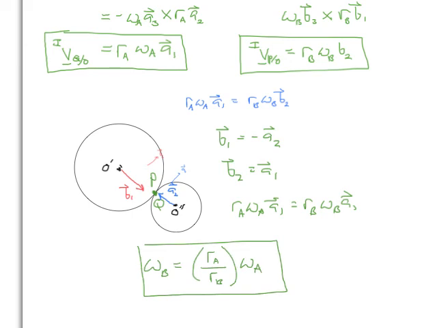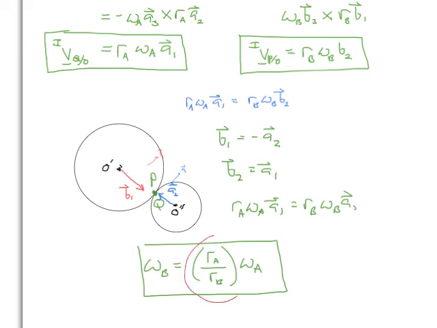Now, this is a positive relationship because we've already taken into consideration that omega A is turning in the clockwise direction. We did that by calling it negative in the A sub 3 direction earlier.